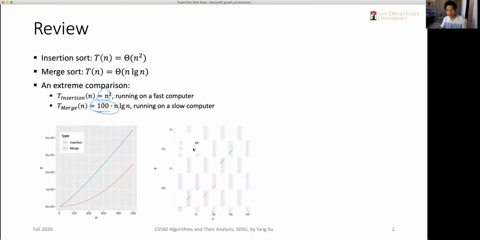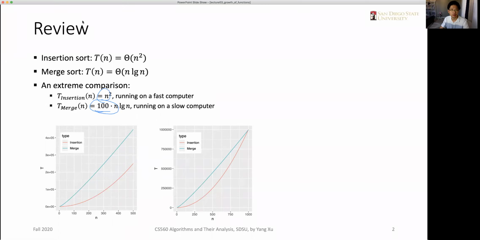But don't worry, let's increase the input size from 500 to 1000. When we reach the point of 1000 here, the two curves meet, right? In the case of sorting an input array of 1000 elements, merge sort is as fast as insertion sort, even though, do not forget, we are running on a slow computer, which brings in a very big constant factor.